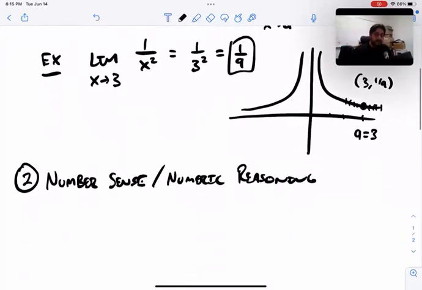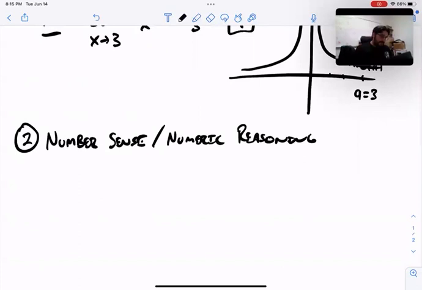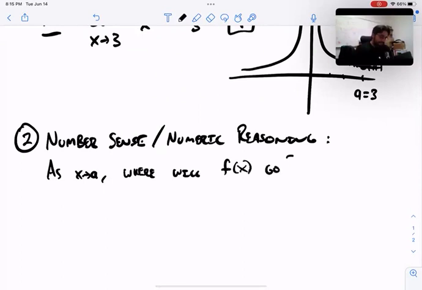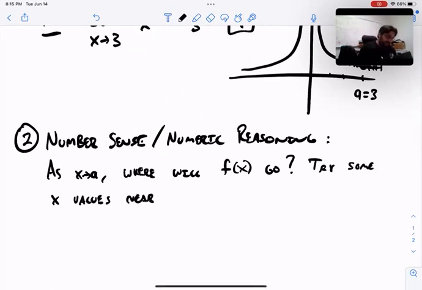So maybe you can't just plug it in, but maybe you can just talk yourself through it, in the sense that as x approaches a, sometimes you can just kind of ask yourself, where will f of x go as x approaches a? And you might even try some x values near a, even sort of plug those in for yourself to get a sense for what's happening.